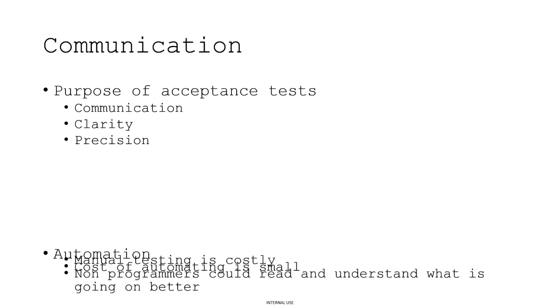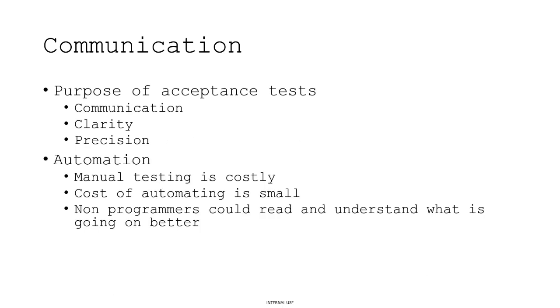And really, tests serve as documentation of what your app should be doing, because they display and test out the functionality of the code. So that's kind of the MO of these acceptance tests.